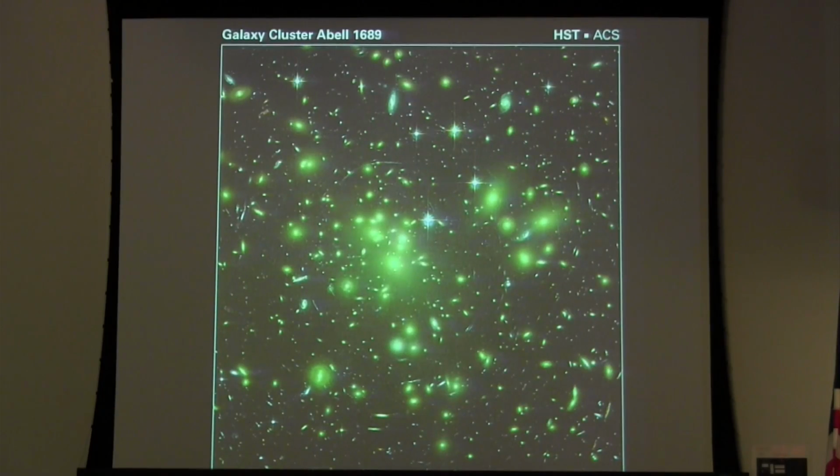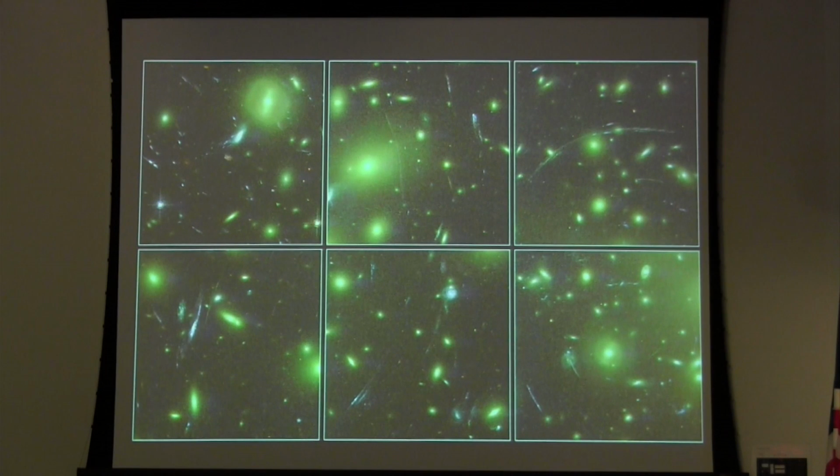This is the galaxy cluster Abell 1689. Huge amount of mass. You can see these streaky things. If I zoom in on it, you can see all sorts of these streaky, archy things that are produced by the gravitational lensing. The extra mass in this cluster, this huge amount of mass, warping space, and the light from these galaxies becoming distorted as it travels through that warped space.